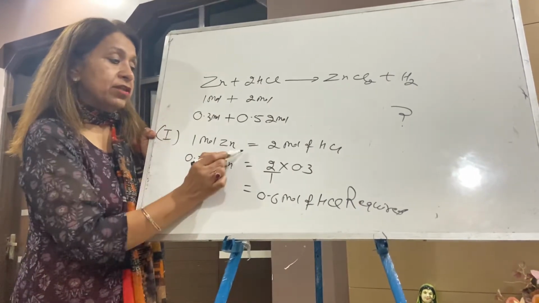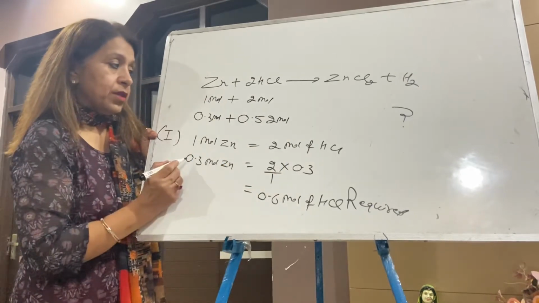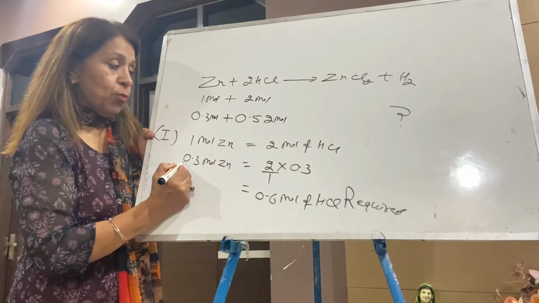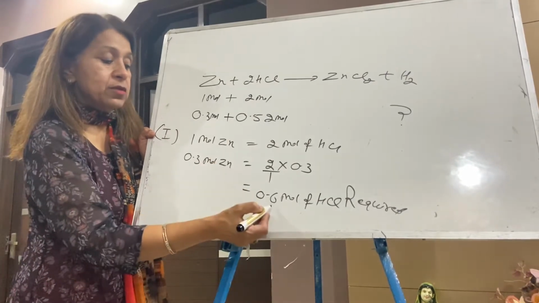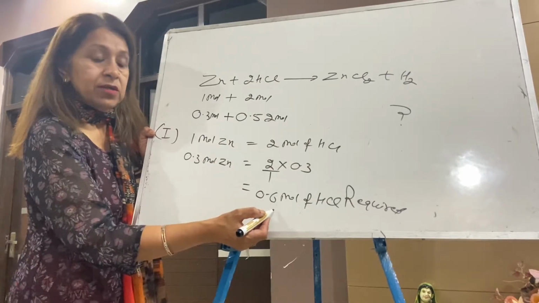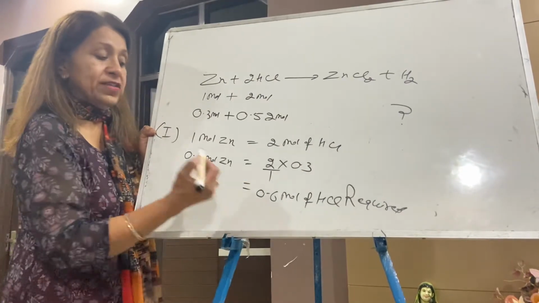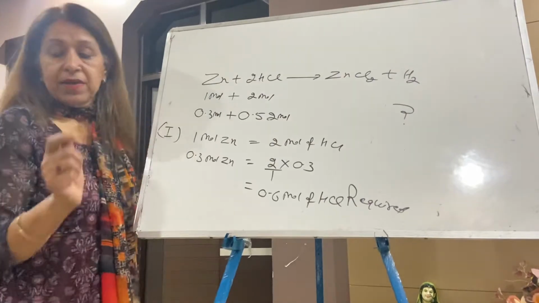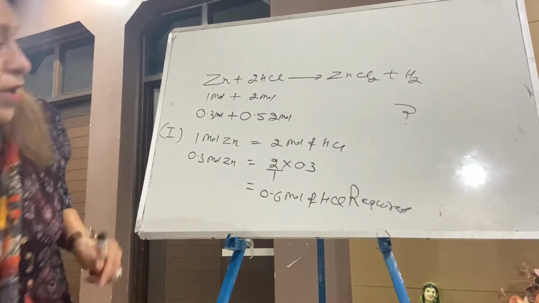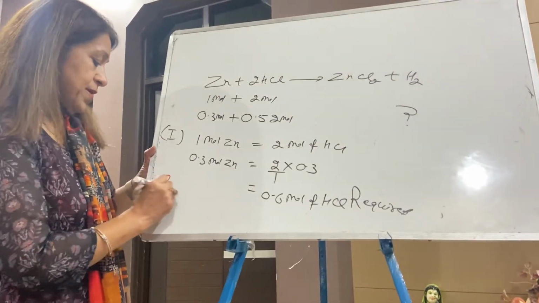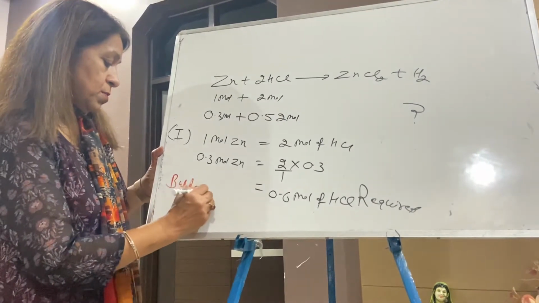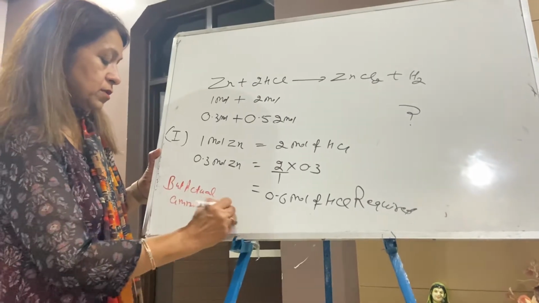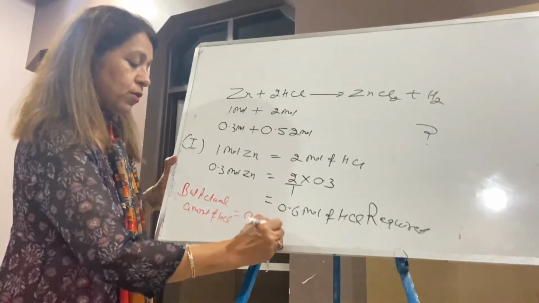Again listen: 1 mole of zinc reacts with 2 mole of HCl, so 0.3 mole of zinc will react with 0.6 mole of HCl. This means you need 0.6 mole of HCl, but the actual amount of HCl given is 0.52 mole.